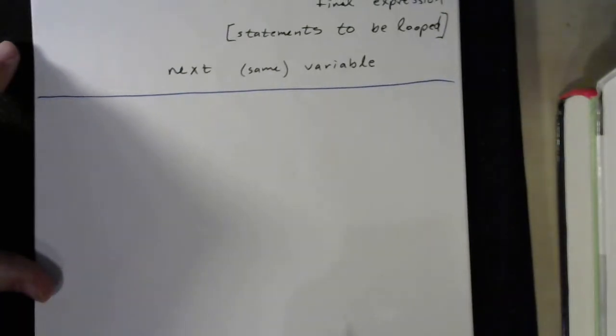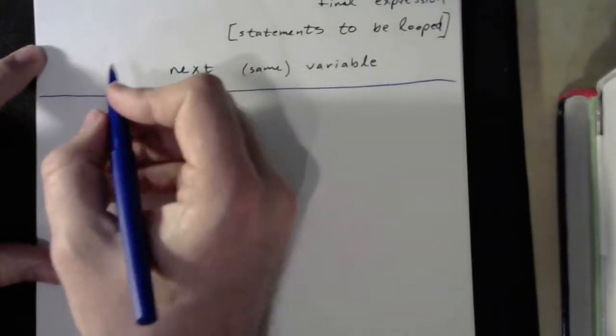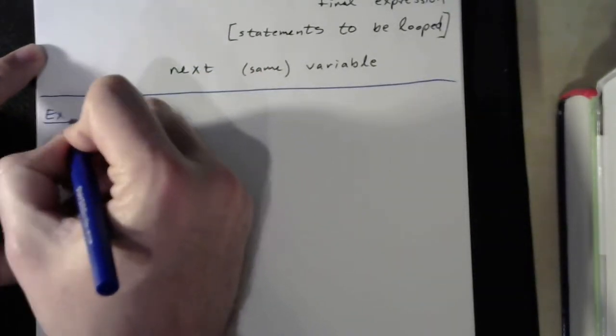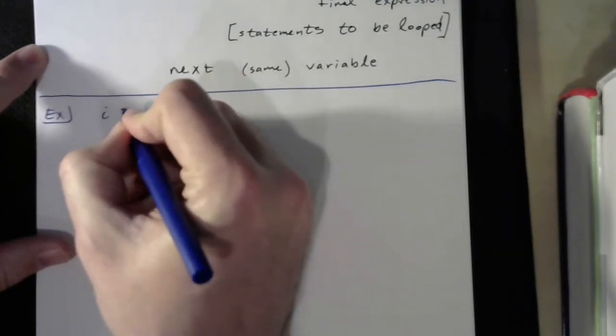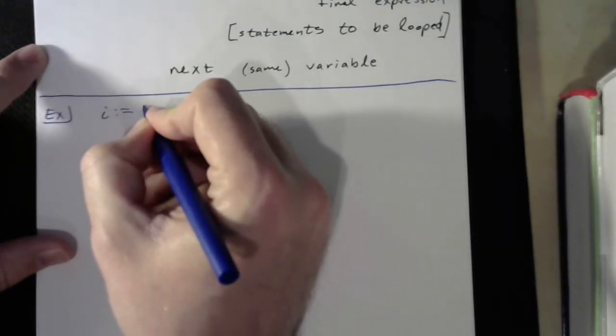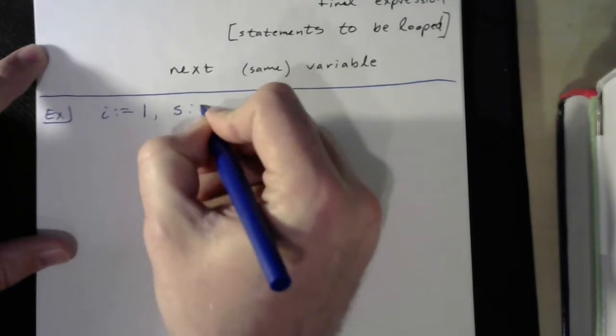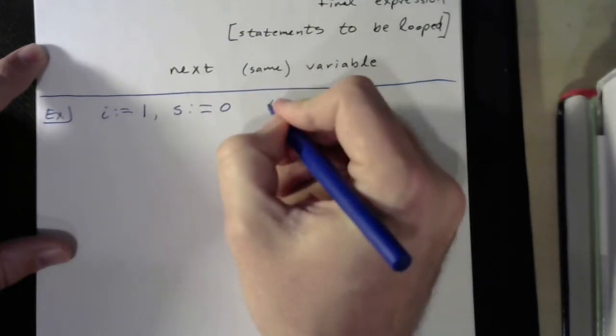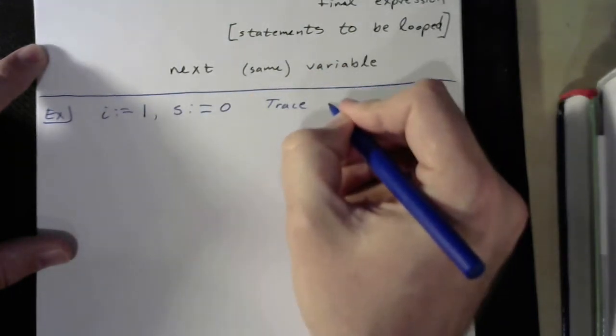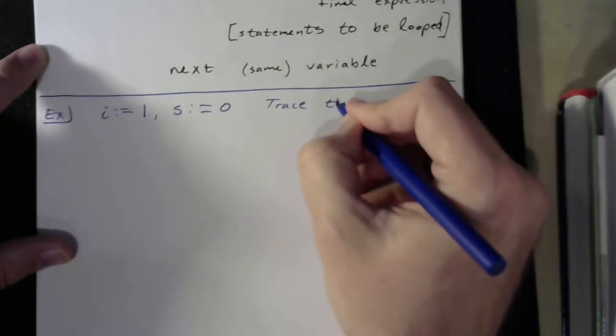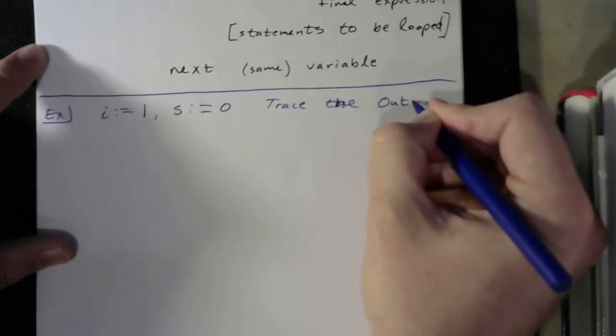Again, do the example on your own. Pause the video. You know what to do now. So we're going to let I be defined as 1, and we're going to let S be defined as 0. And we're just going to trace our outputs.